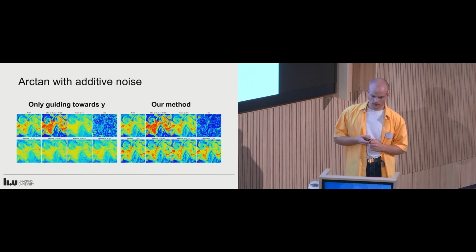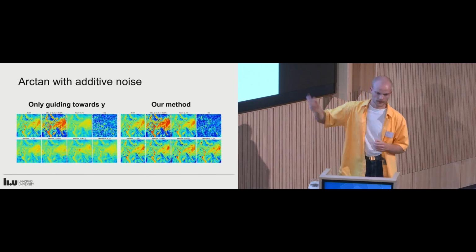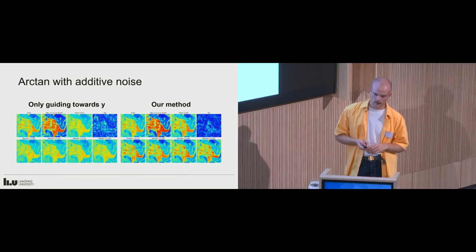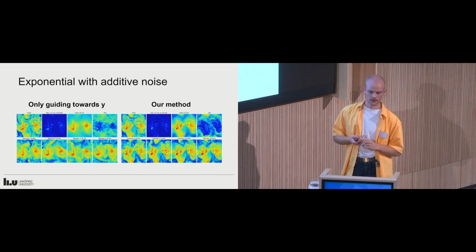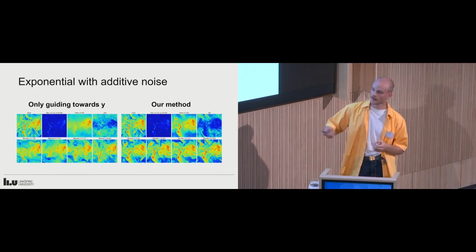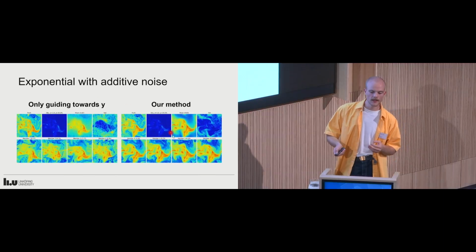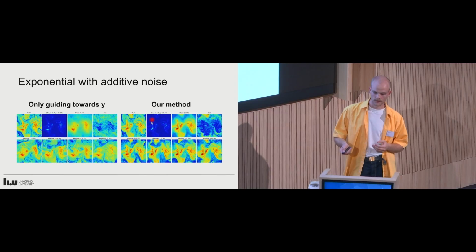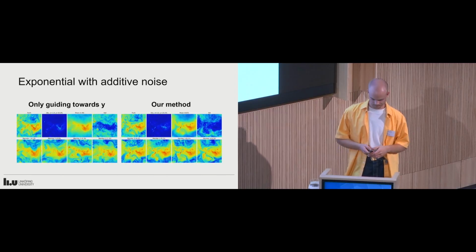And it also works with nonlinear observations. So this is an arctan, for example, where you saturate the high and the low values. And finally, also for this exponential observation case, where you can really see when you look at the posterior that it's meaningful in the sense that we're accurate where the observation model is informative, but not so accurate where it's not informative.